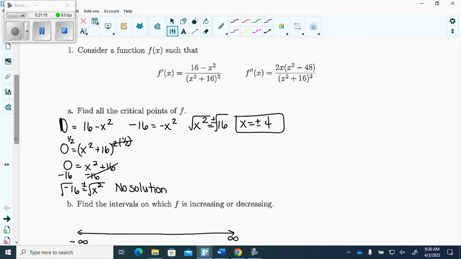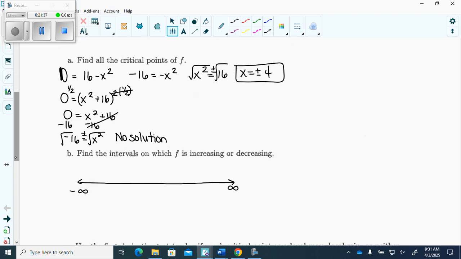Like if I put any number in here, I need it to technically be negative 16. This x squared needs to be negative 16. Can an x squared ever be negative 16? Negative 16 plus 16 would give me 0. This can never be negative 16, therefore no asymptotes, no restrictions, right? So addition of squares makes you not have a restriction. Okay. So we have negative 4 and we have 4.